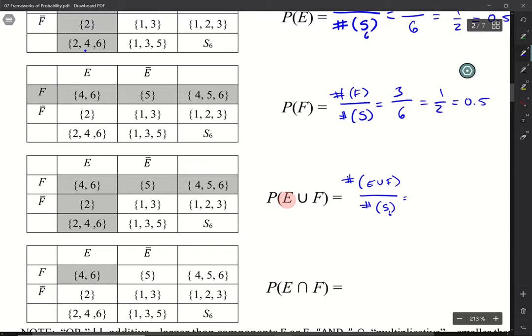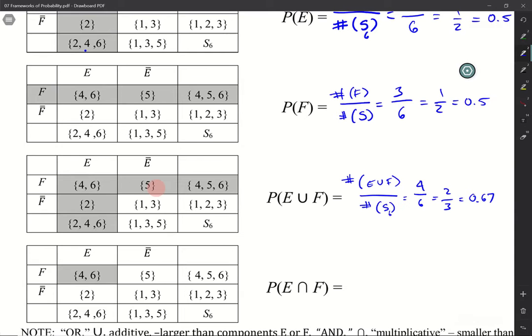And so we could count: 1, 2, 3, 4. So there are 4 out of 6, and so it's 2/3, which we'll just call 0.67, or 0.6667, because the 6 will repeat on and on forever. But there's another way.